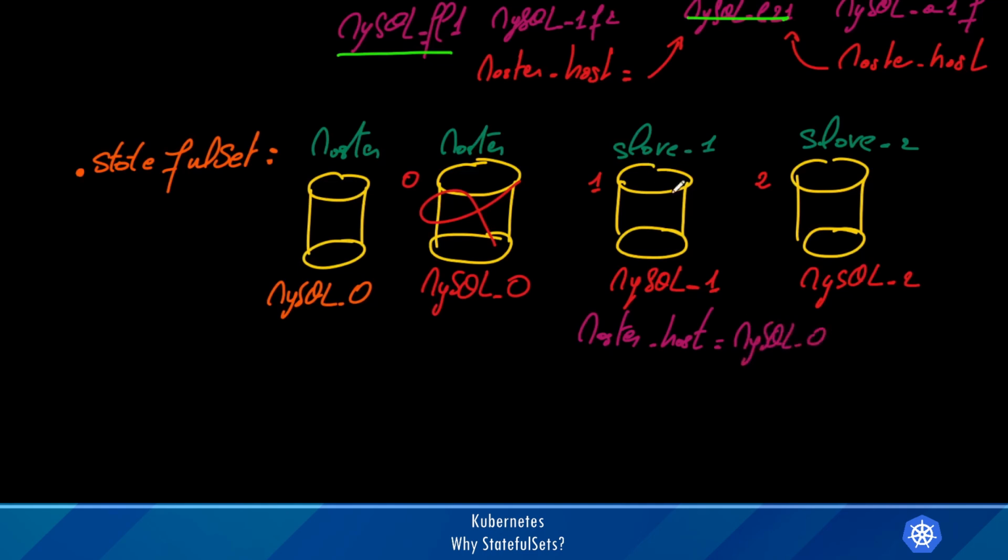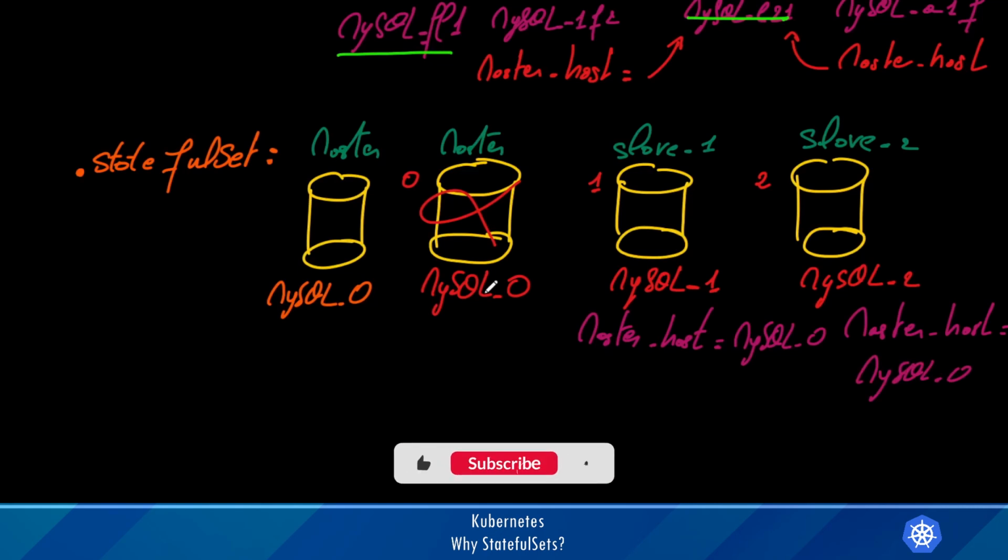So here we give slave 1 the address of the master, and the same for slave 2. So with the stateful set, if the master goes down and a new pod is created, we make sure that the master is always available at the same address.